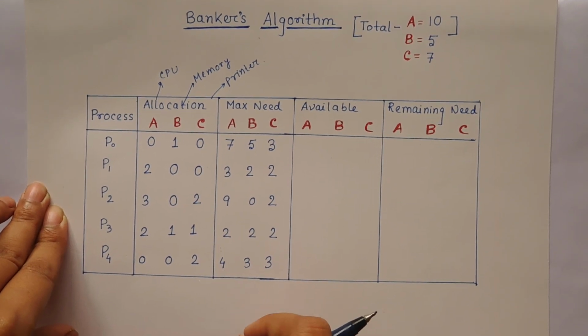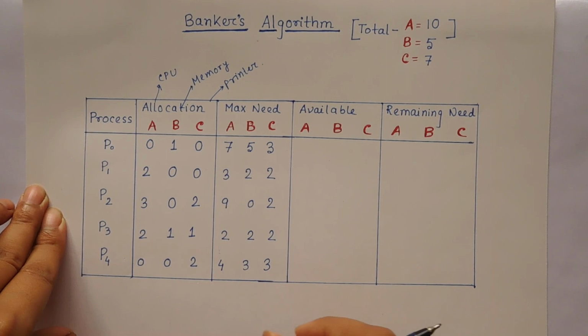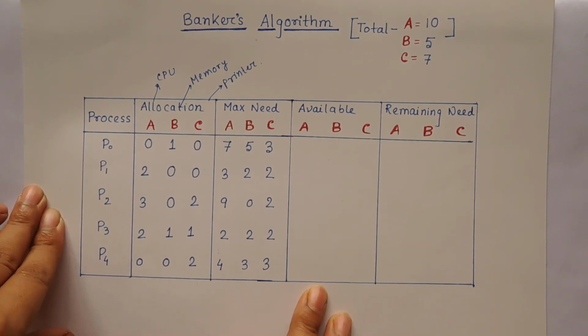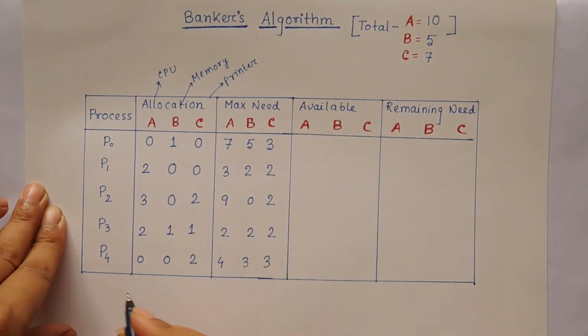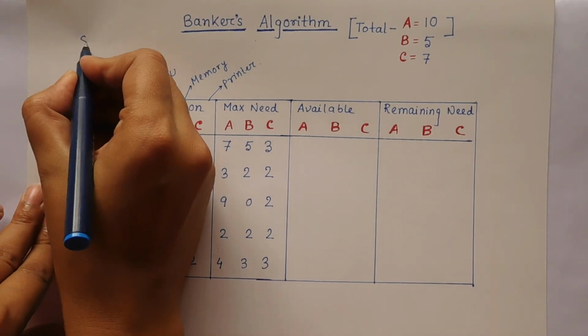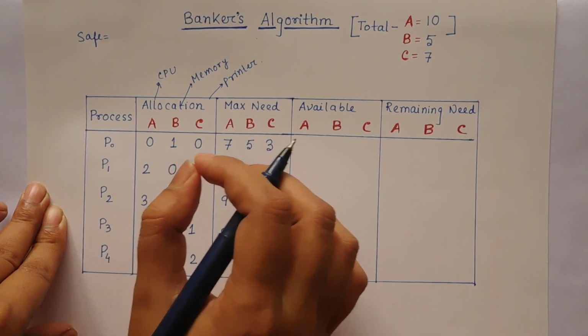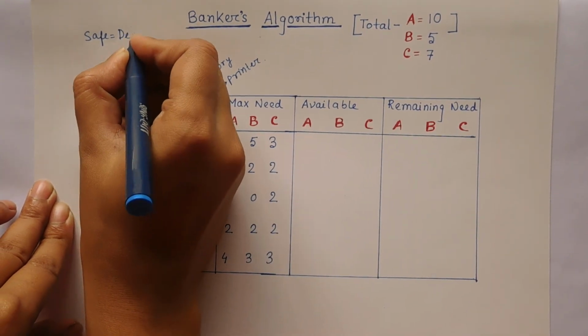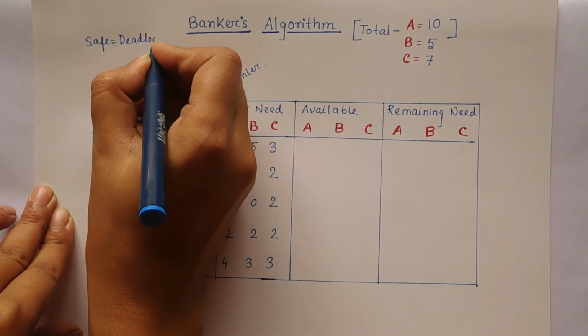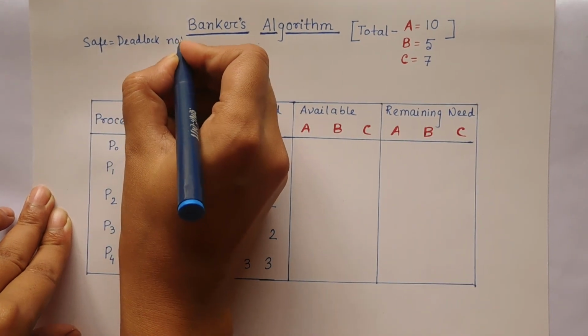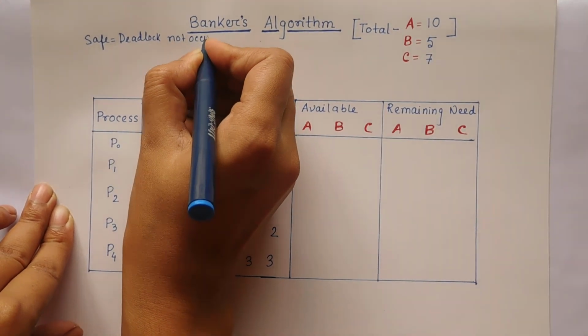Now Banker's algorithm determines whether the resource allocation of the system is safe or not. Safe state means a state where deadlock does not occur. Here we write safe. This is the safe state.